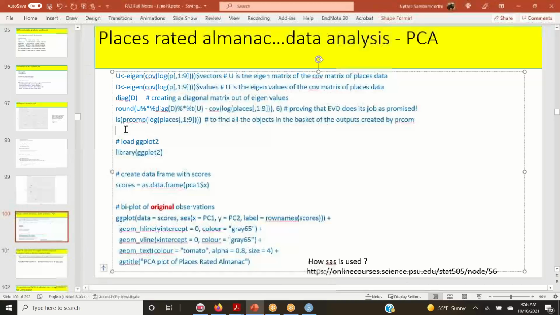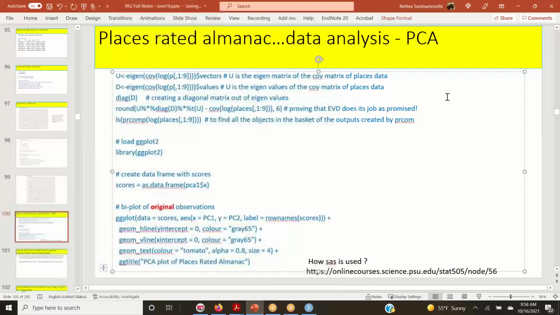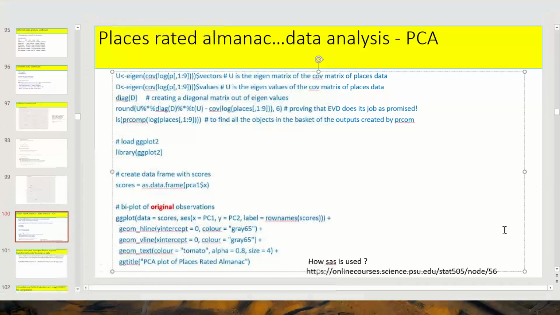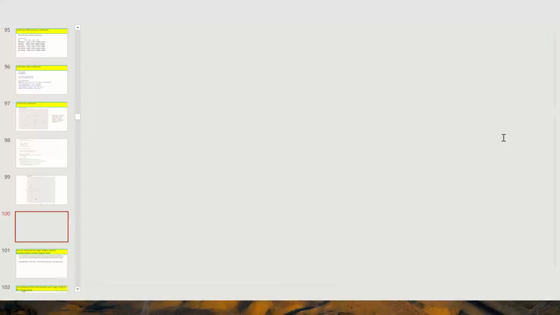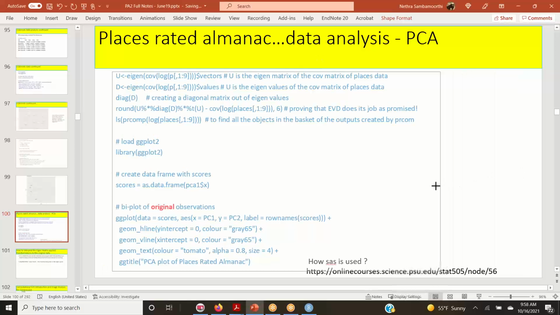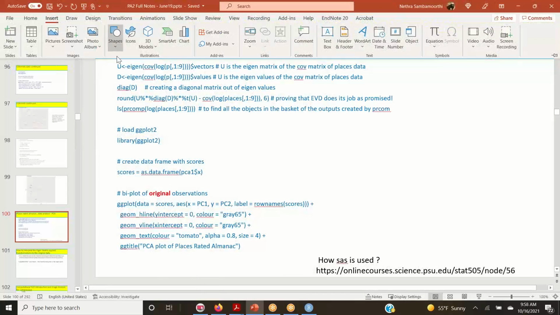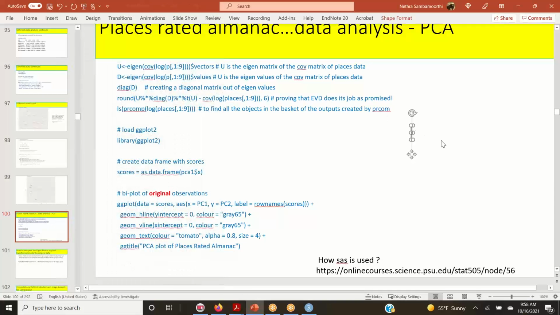I want to write here prcomp object rotation.